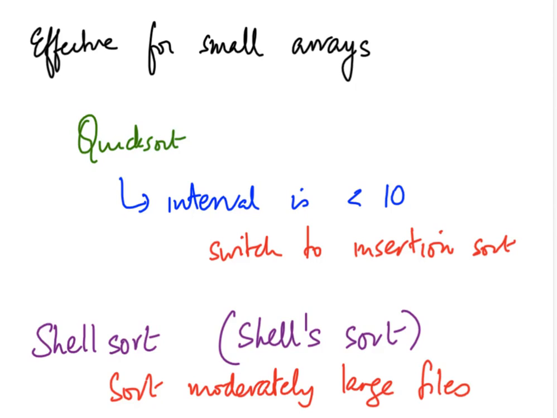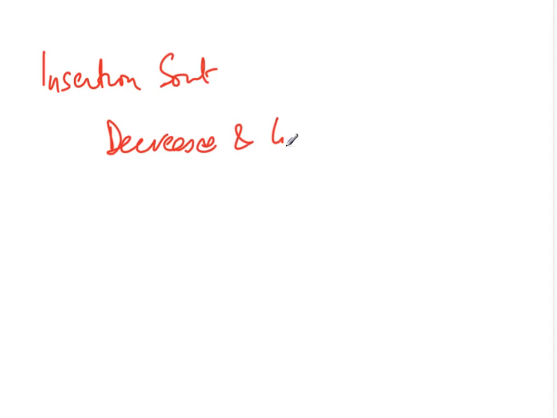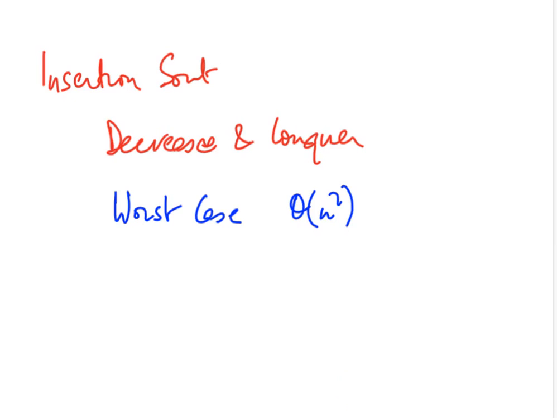So insertion sort is an example of decrease and conquer. It has worst case theta n squared, and more accurately n into n minus 1 by 2.